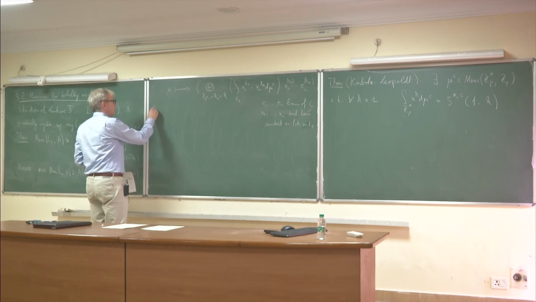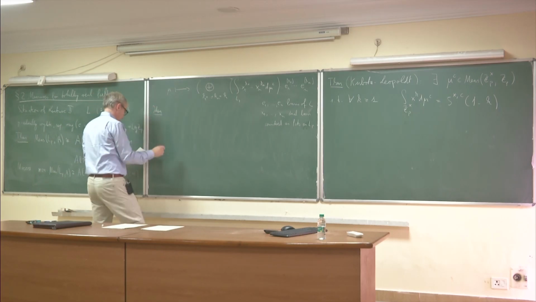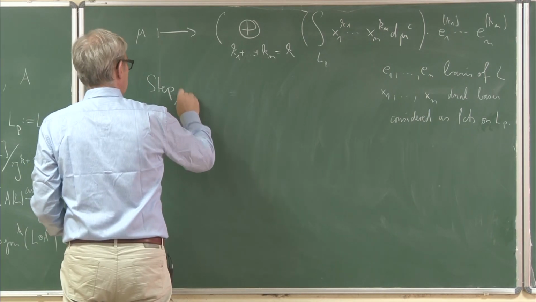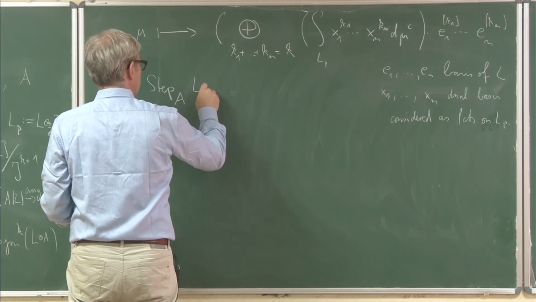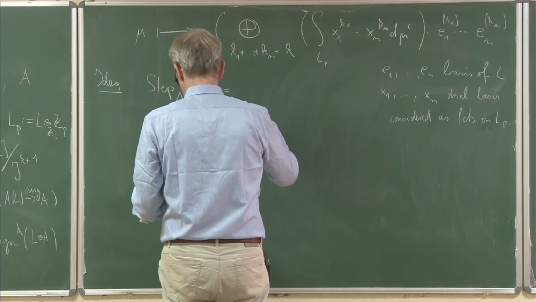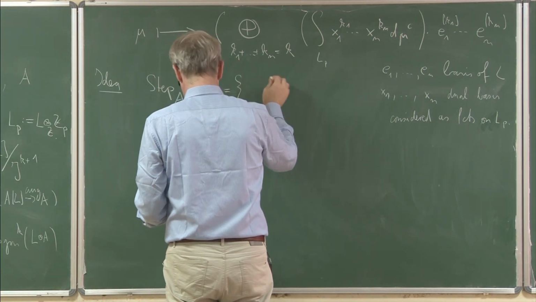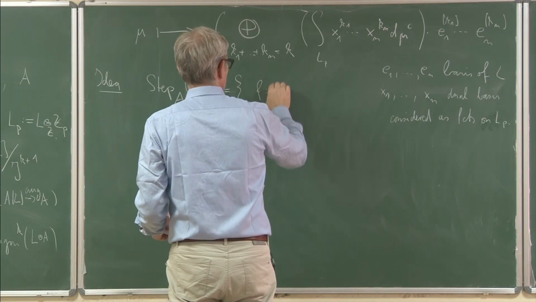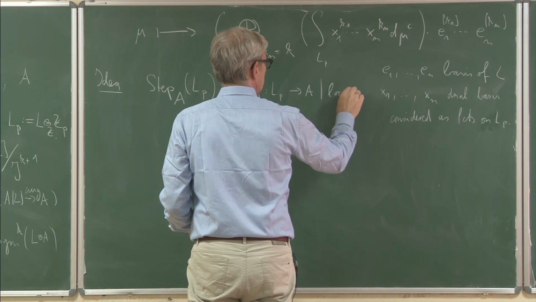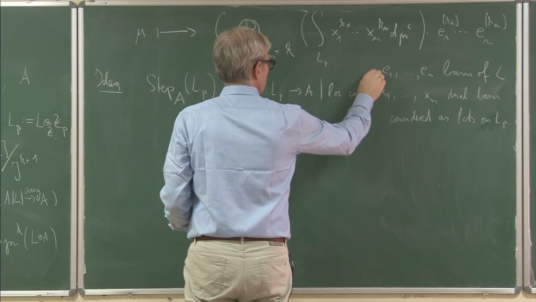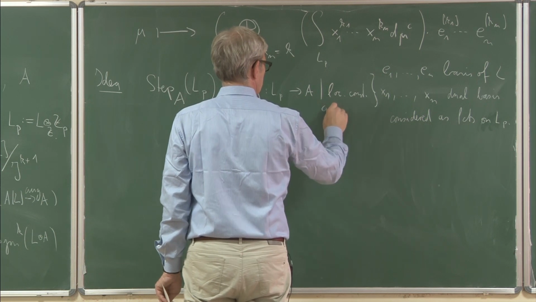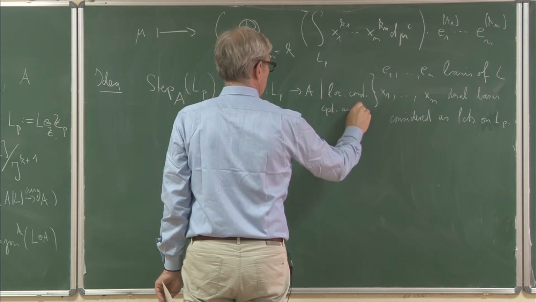So why is this true? The idea is as follows. You can consider the step functions on L_p. Yeah, these are just the locally constant, compactly supported functions, so functions from L_p to A that are locally constant. I mean, I can forget about compactly supported here, but I write it.